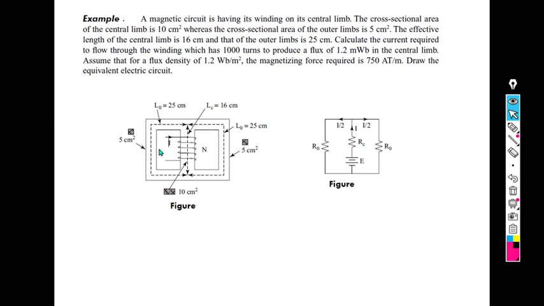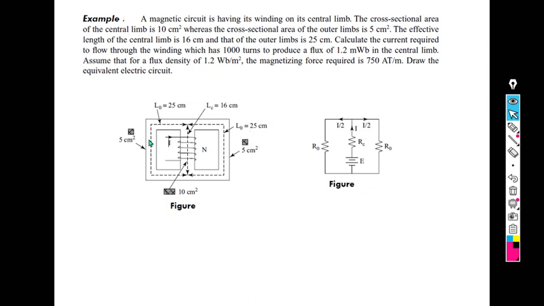Now, both area of this outer limb is 5 centimeter square, right, and both this length, if I consider from this A, this is A, B, C, D. So, if I consider A, C, D, B, that means from this up to this length, this is 25 centimeter, and again if I consider starting from this portion to this portion, this is 25 centimeter.